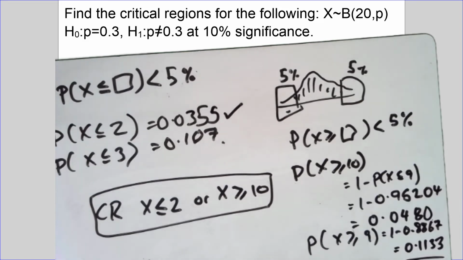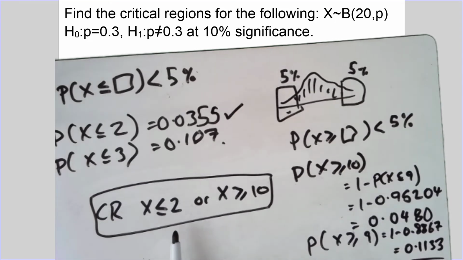So if we were to do this experiment, whatever it might be, and get a result that's less than or equal to 2 or greater than or equal to 10, we would reject H0. Because you remember, critical region, we reject H0. If we get a result that's inside this, so 3 all the way up to 9, and anything in between, we would accept H0 because this is sufficiently likely.